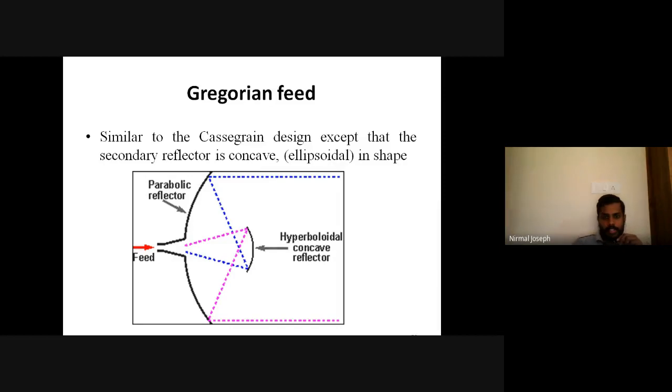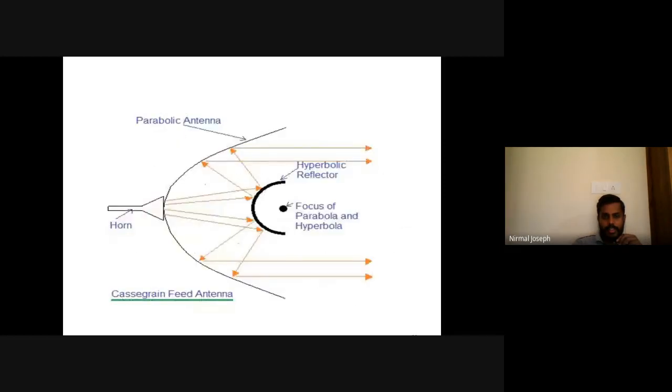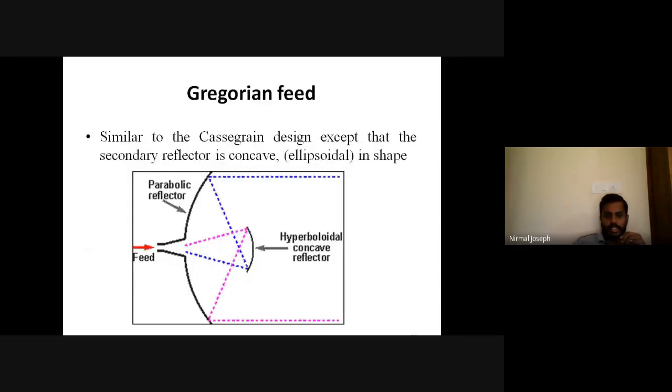In the Cassegrain feed, you can see the hyperbolic reflector is convex, and here the hyperbolic reflector is concave. That is the only difference. All other things are the same.